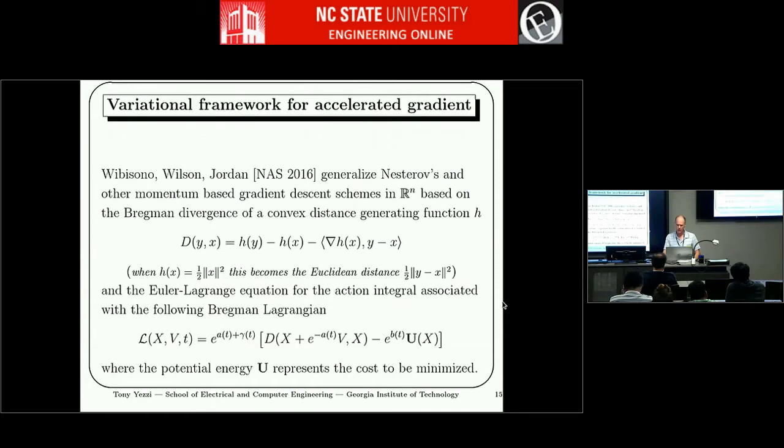So 2 years ago, Wibisono, Wilson, and Jordan published an article in the Transactions of the National Academy of Sciences that showed how Nesterov and all these other variations of momentum-based gradient descent that have been used so much over the years have a variational interpretation and can kind of be cast in this variational setting using the Bregman divergence of some kind of a convex distance generating function.